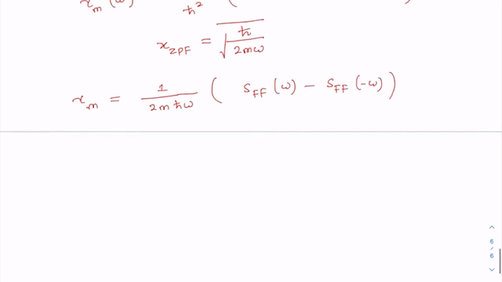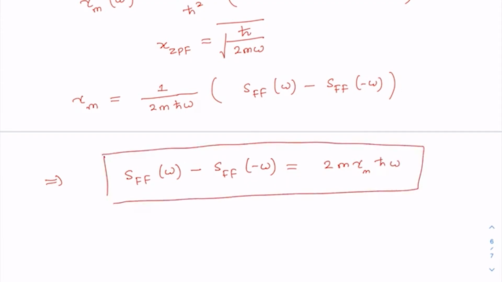So from here I get S_FF at omega minus S_FF at minus omega is equal to 2 m gamma_m h cross omega. So this is one expression we have.